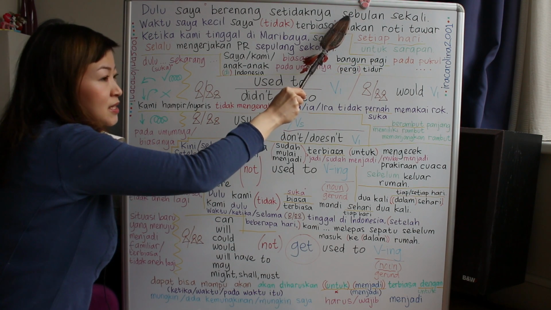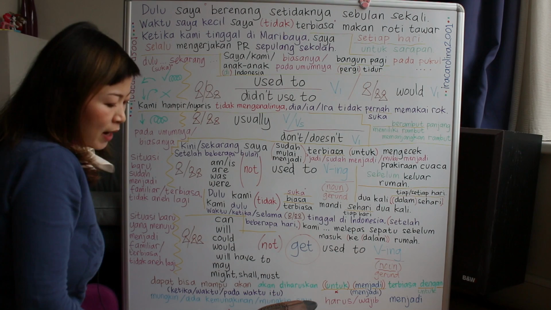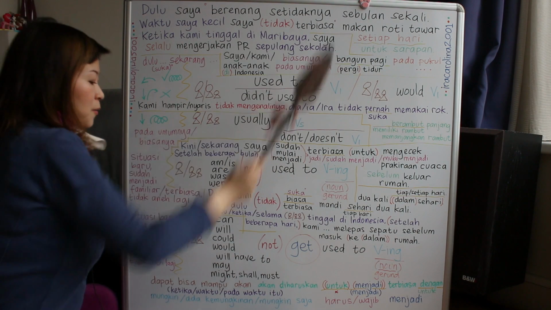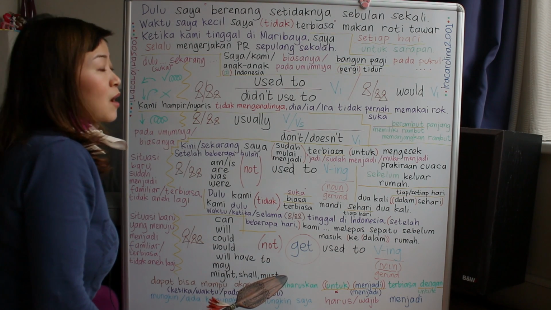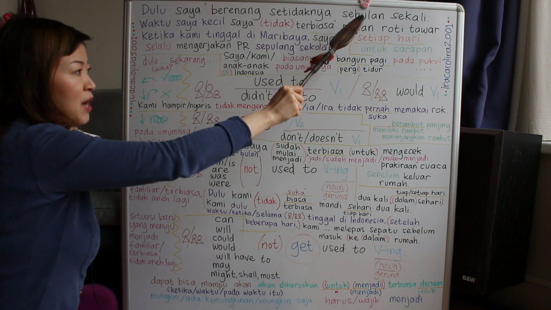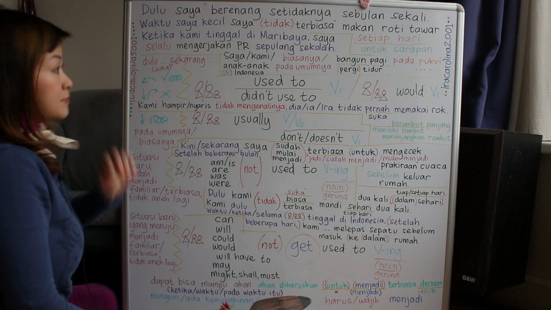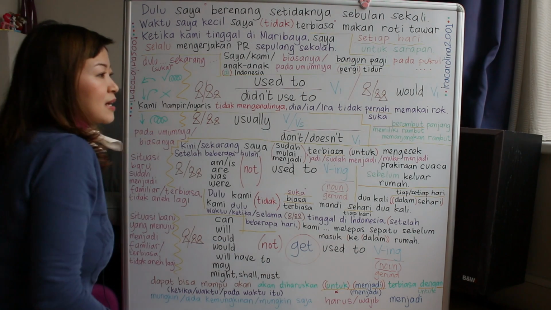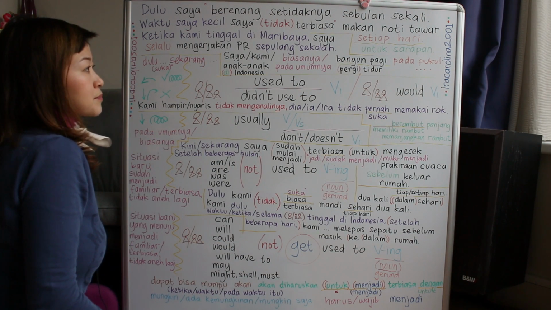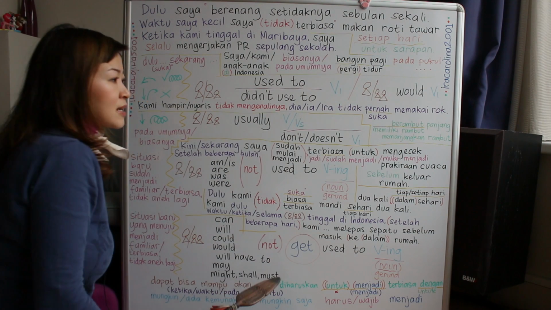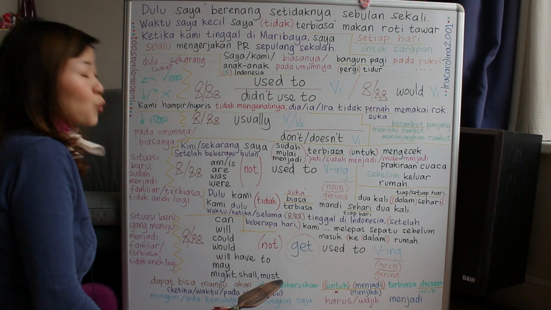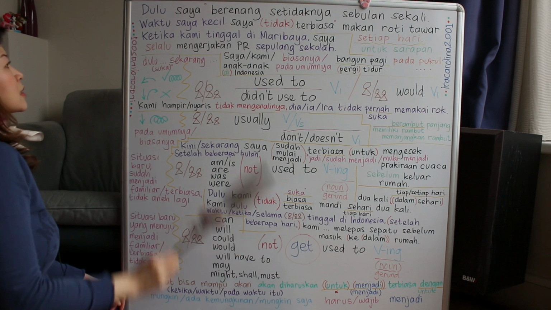This prefix se means one or a. Bulan is month, so a month or one month or per month. Kali, time, sekali, one time or once.